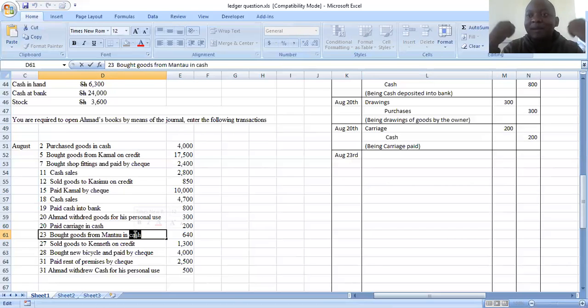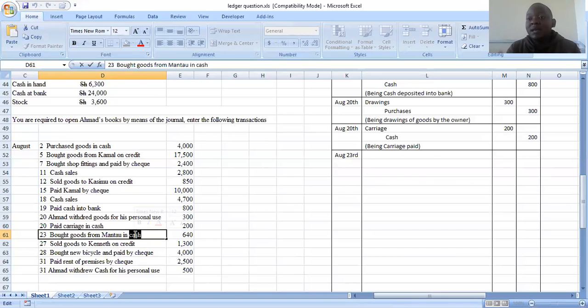Because we do not owe anything, there is no account we will create for him. So as such we simply have cash account. So therefore purchases and cash. What type of accounts are they? Purchases is an expense and cash is an asset. And then the third question, which account do we debit and which account do we credit? Purchases is an expense.